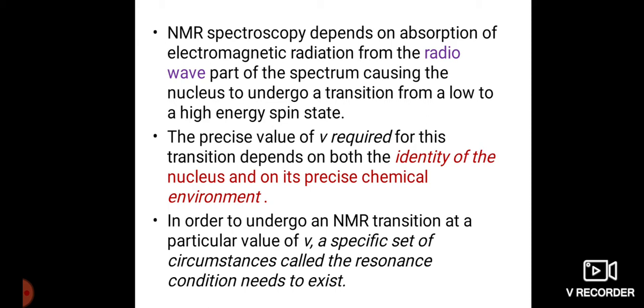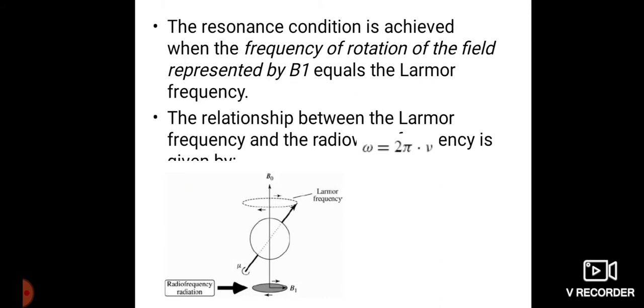Now, in order to undergo an NMR transition at a particular value of nu, the frequency, a specific set of circumstances called the resonance conditions need to exist. Only when the resonance conditions exist will the absorption of radiation take place and resonance happen. Now, what is this resonance condition? This condition is achieved when the frequency of rotation of the field, represented by B1, the tiny magnet field, equals the Larmor frequency.